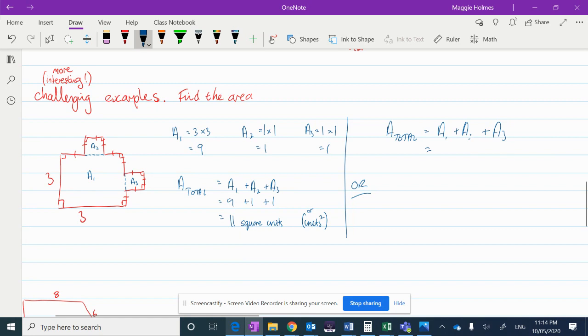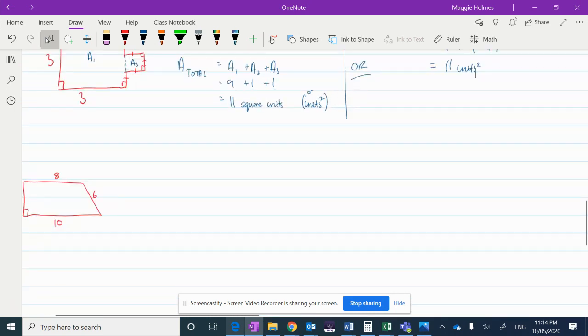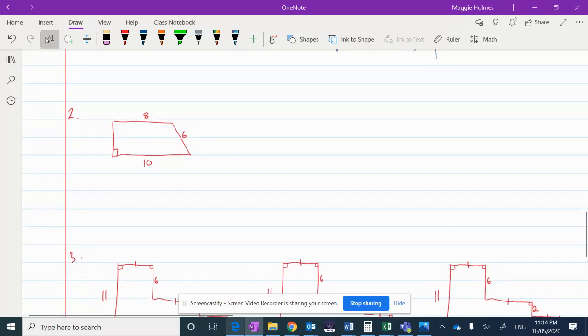And then gone, well, area 1 is 3 by 3. Area 2 is 1 by 1. Area 3 is 1 by 1. And you can go 9 plus 1 plus 1, which is 11. Okay, so you can do it all in one big line, so long as you're telling us what it's about first, or you can do it separately. Okay, next question.